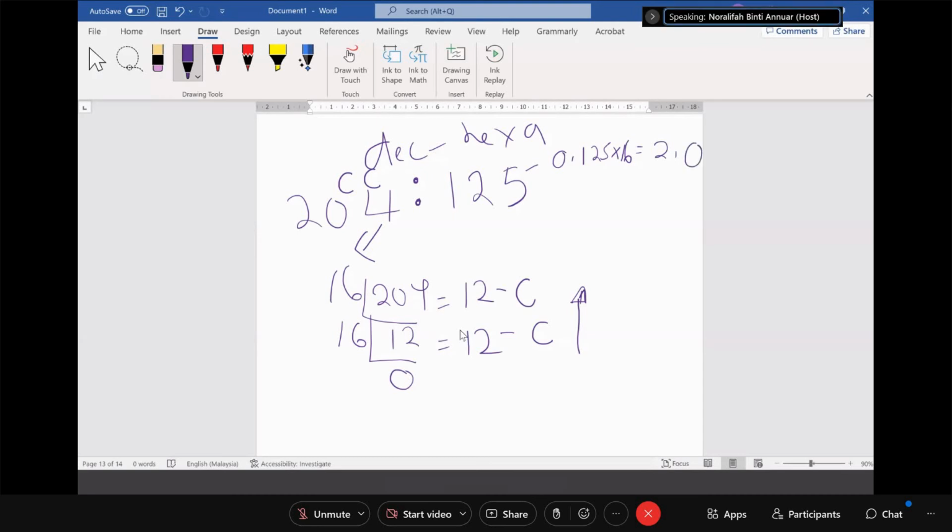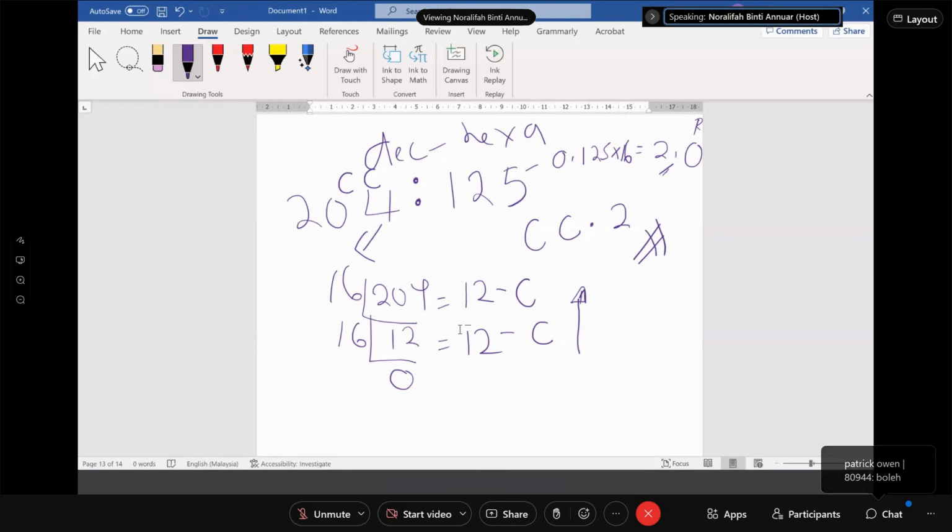Ingat, kalau dah ada zero kat belakang ni, you tak payah dah stop. You don't have to further, because nothing to multiply or divide. So you stop. So you get 2. So 0. So 18, 18 point. Sama je kaedah. It's same method. Boleh guys? Sama je.